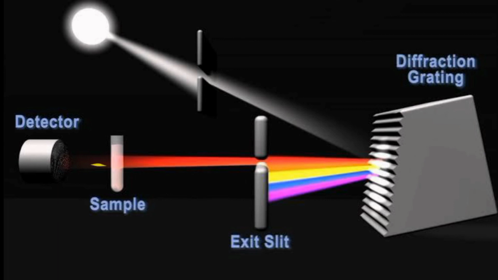Then the remaining light which is transmitted strikes the detector, and the detector calculates how much light is absorbed or transmitted by the sample, and then signals are transmitted to the meter, and the meter shows readings. This phenomenon is called spectrophotometry.